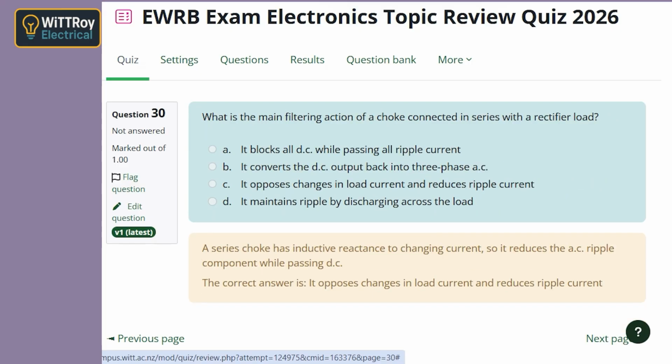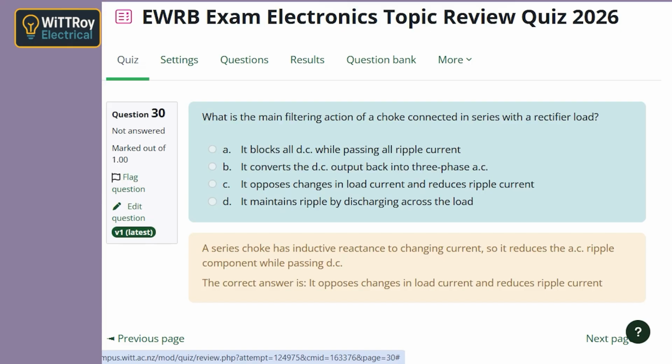Question 30. What is the main filtering action of a choke connected in series with a rectifier load? I confused the choke with a smoothing capacitor. I thought the component would bypass the AC ripple and leave the DC at the load. Okay, that describes the action of a capacitor connected across the load, but this question asks about a choke connected in series. A choke is an inductor. It allows the steady DC load current to pass, but its inductive reactance opposes the changing AC ripple current.